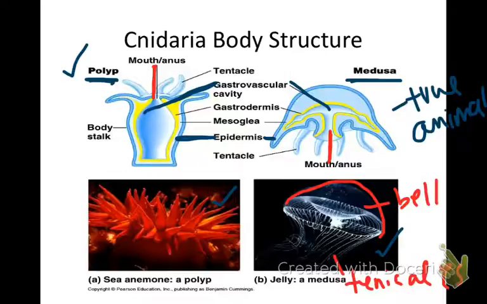And these creatures do sexual reproduction during the medusa stage, the motile stage. But if you're in this polyp stage, you do asexual reproduction. So remember, sexual reproduction requires gametes, egg and sperm. Asexual reproduction does not require egg and sperm.